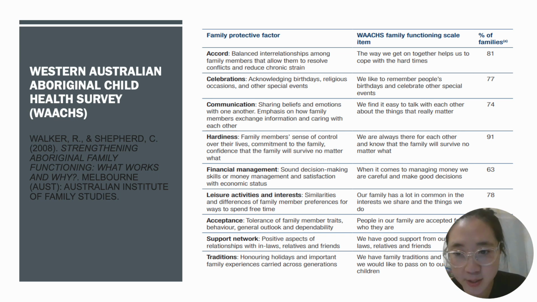You can see the percentage of families. The biggest one is 81%, which is that the way we get together helps us to cope with hard times. That tells us about how the family helps each other, how close they are, as in family function.